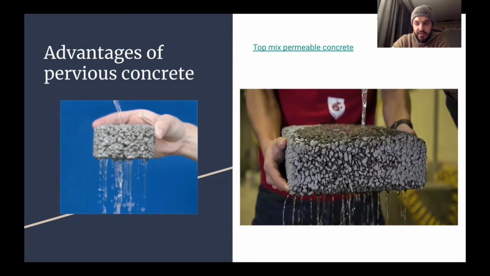In most pervious concretes, the drainage rate ranges from 2 to 18 gallons per minute per square foot. This may be hard to visualize, so I've included a short video of what that could look like.